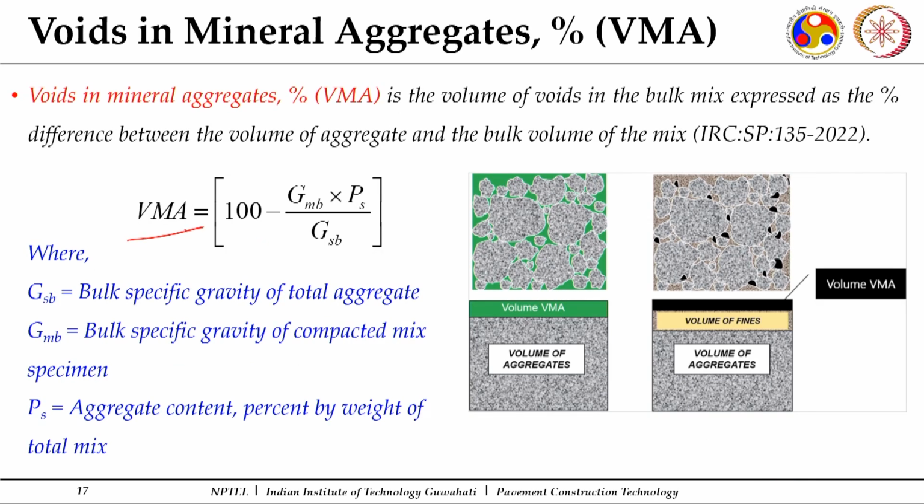Second is VMA. For this VMA, voids in mineral aggregates, as I mentioned, the volume of aggregates will be there. VMA is that particular portion which will have your free bitumen as well as your air void also. So that I need to work out, and this VMA will be 100 minus this, where this is the bulk specific gravity of mix, and this is the bulk specific gravity of your aggregates.